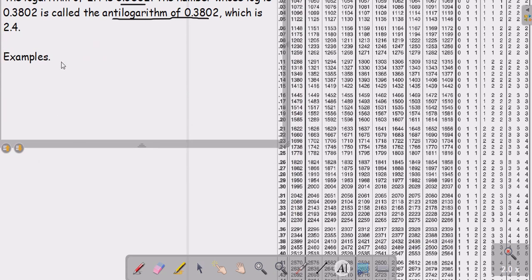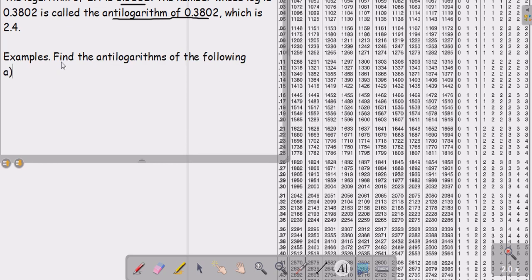So here is the example. Find the antilogarithms of the following.